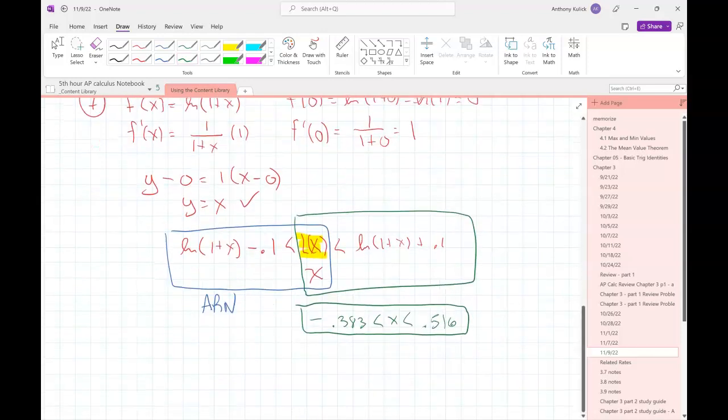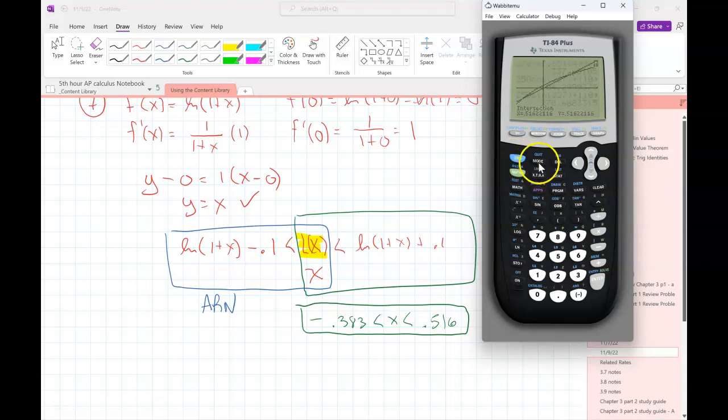That's the values of x where this approximation is accurate within 0.1. So what this is saying is, if I pick a number in here like 0.1, and do the natural log of 0.1 plus 1, that should be within 0.1 of x being 0.1.